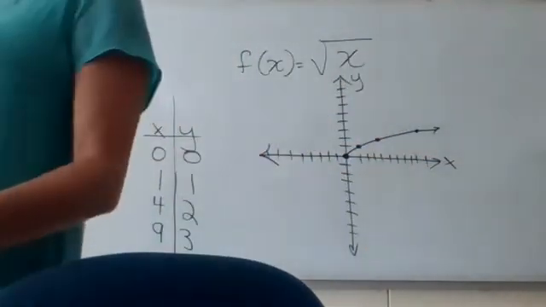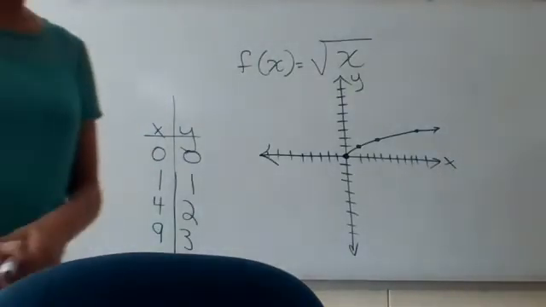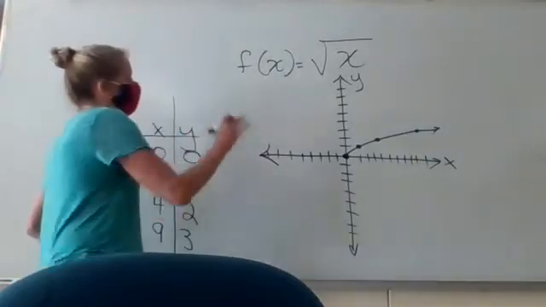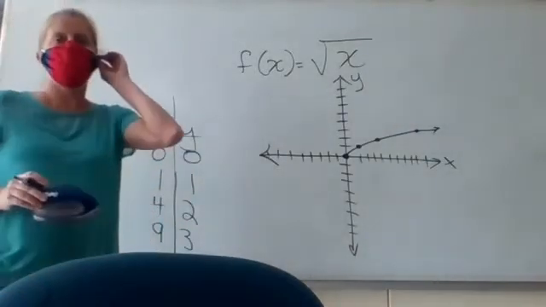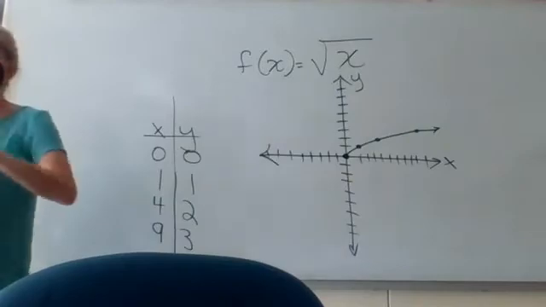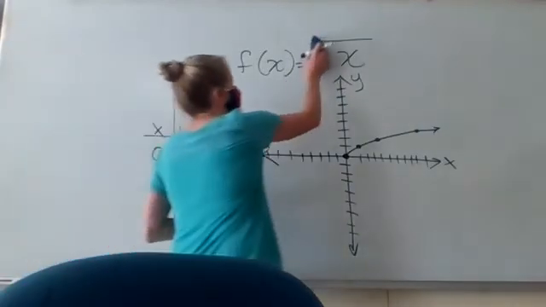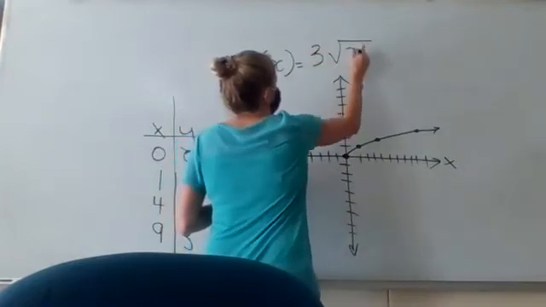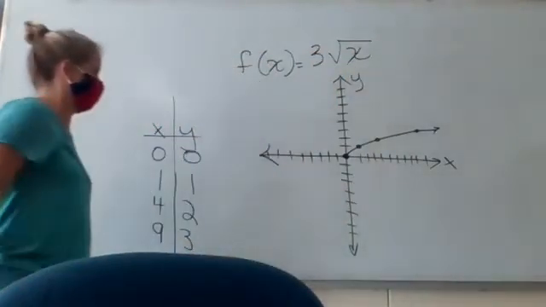Look at number 2. The only thing different on number 2 that's making it not be just the standard square root of x graph is they put a 3 in front of it. 3 times the square root of x.